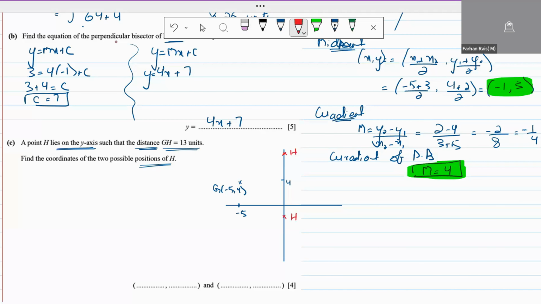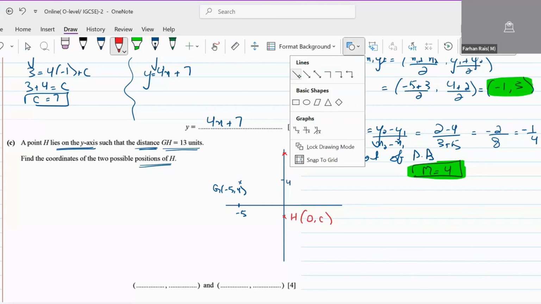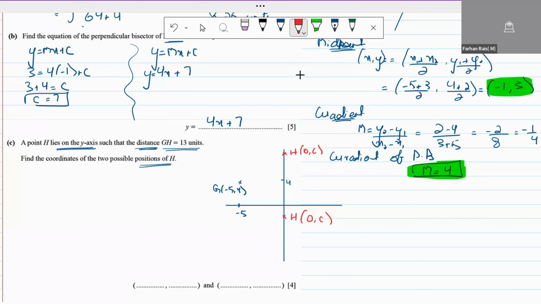For both these possible positions, the x-coordinate would be a definite 0. The y-coordinate we don't know, so we suppose it to be c. So it's (0, c) for both these possible positions. Why two possible positions? Because either it's above or below. The distance, the length, is 13 units.